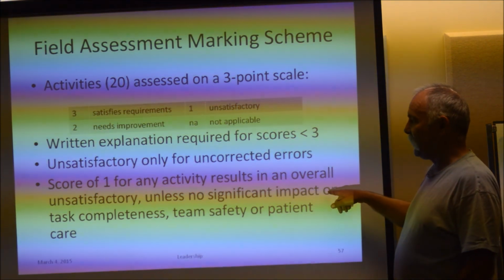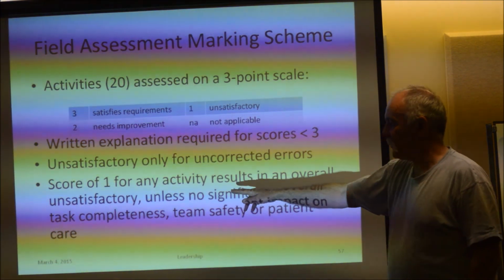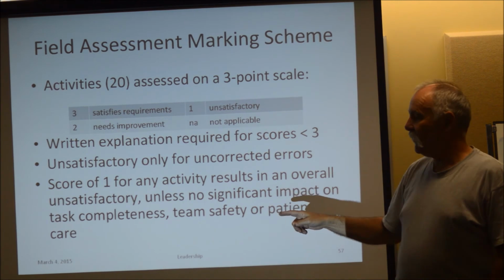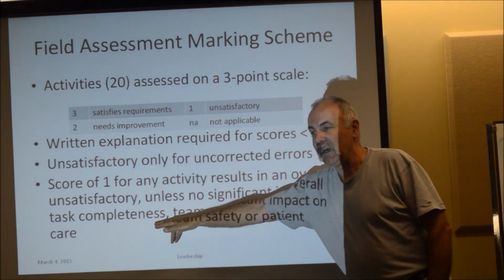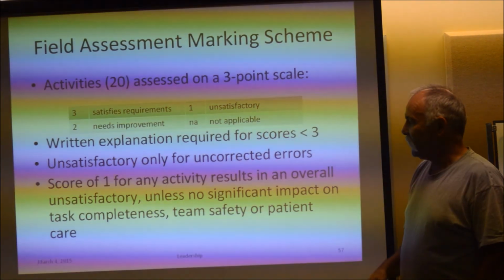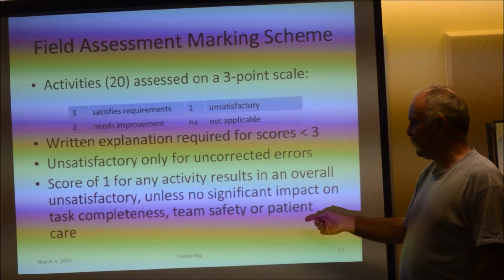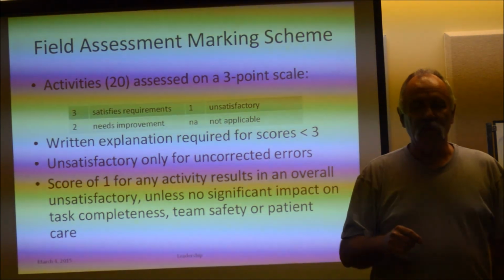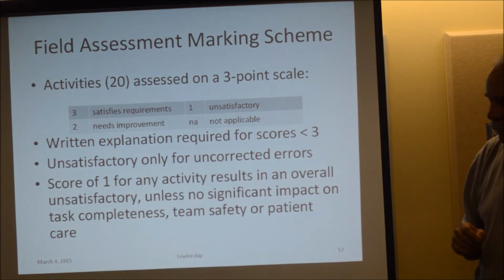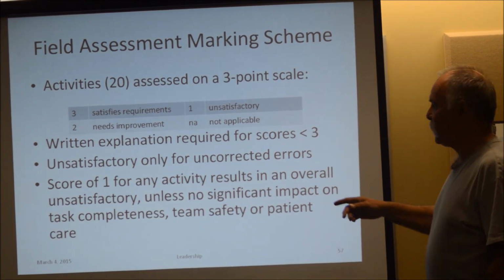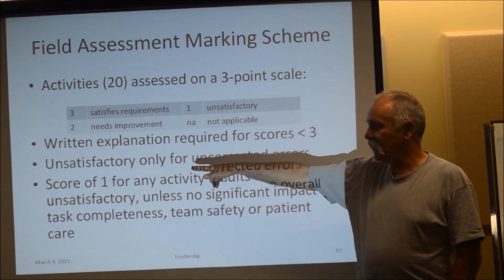Unless there's no significant impact. And it's rare that this ever happens, that your task completeness, team safety, or patient care was prejudiced in some way. It's very hard to understand a circumstance.